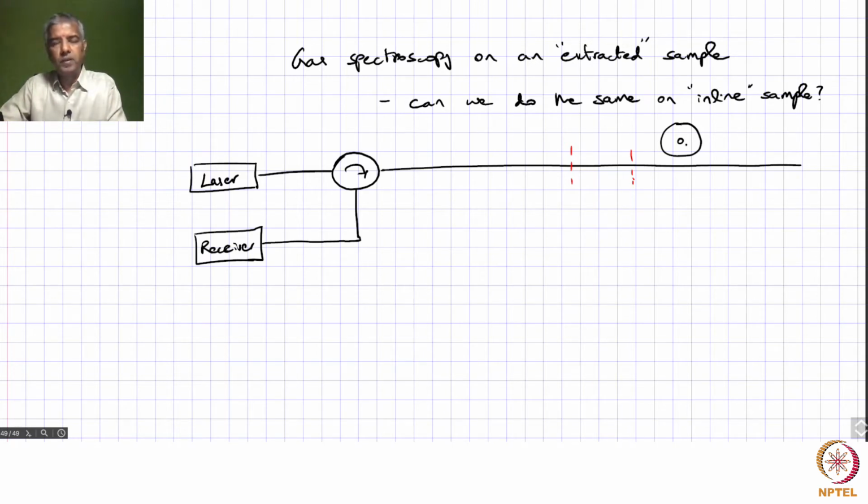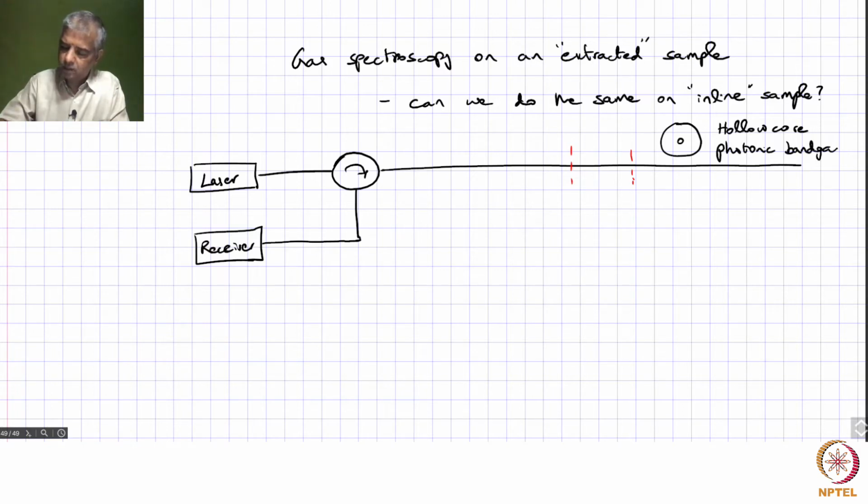But recently there's been a lot of interest in what are called hollow core photonic band gap fibers, right? So essentially you have a periodic arrangement of holes in the cladding region of the fiber.